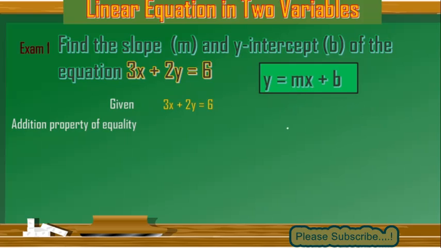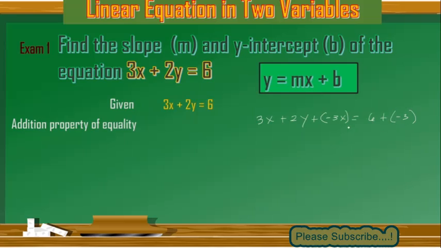Okay, so what are we going to do? We have to apply this property. We have 3x, we copy that, plus 2y, then plus the opposite of 3x, which is negative 3x. Then here, 6, then also negative 3x.